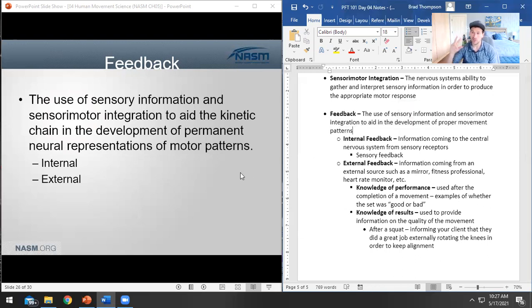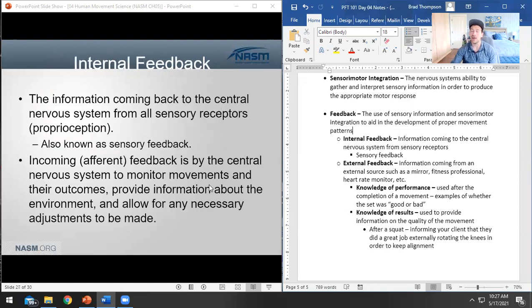So there are two sides to feedback here: internal feedback and external feedback. Internal feedback is, like I said, sensory motor integration. It's information coming into your brain, interpreting and integrating that information with the appropriate response. So internal feedback is information from your central nervous system. We can think of this as sensory feedback. You can enhance your sensory feedback by encouraging your clients to feel the difference.